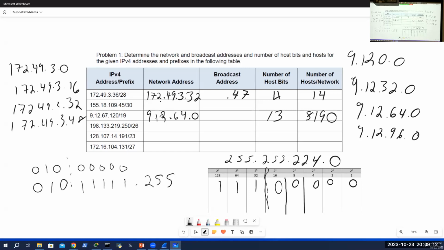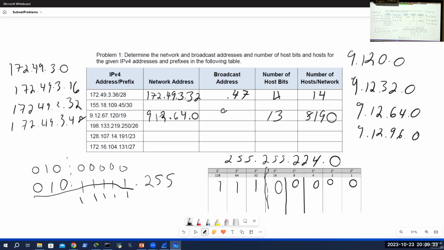So all we have to do is figure out what's the value of this field, the third octet. So we just plug this in, 010 is 64, and then this is the 16, so that's 80, 88, 92, 94, 95.